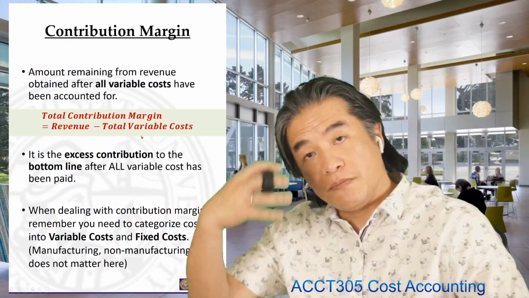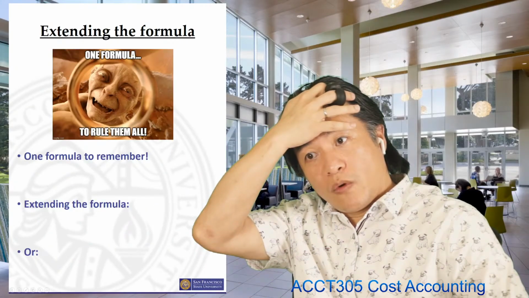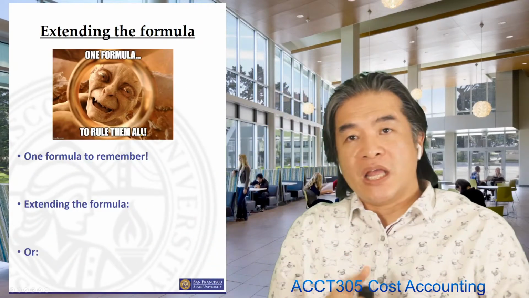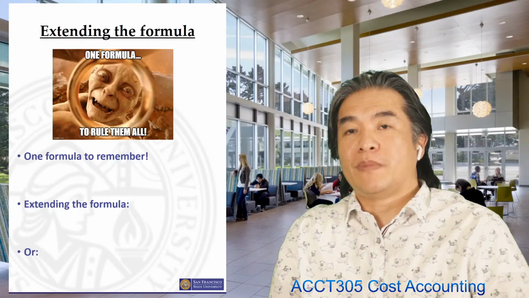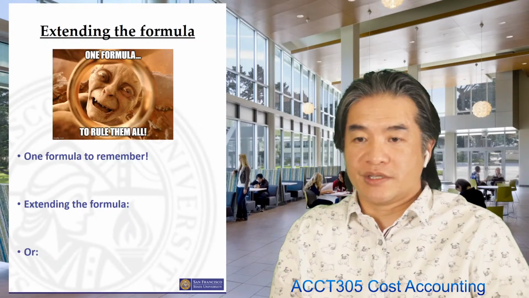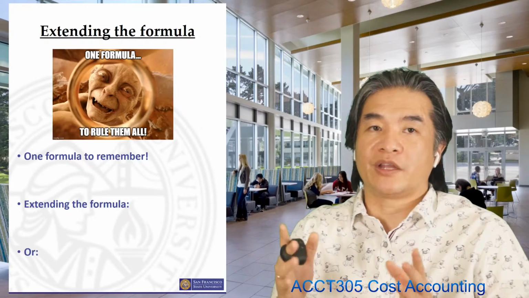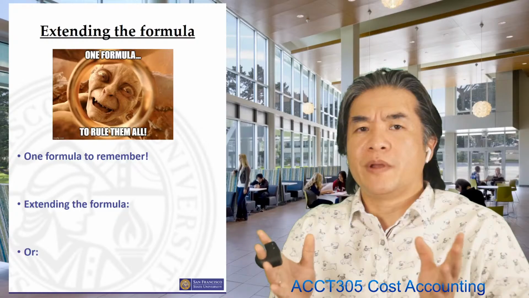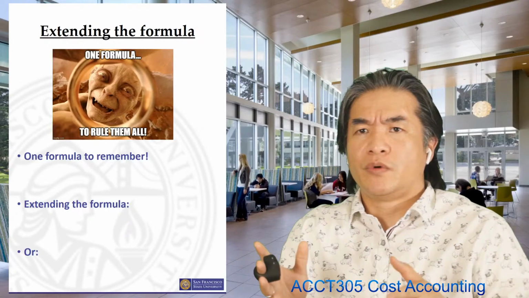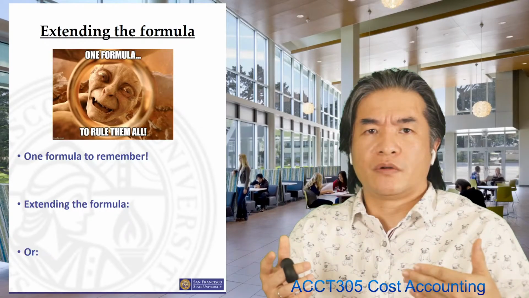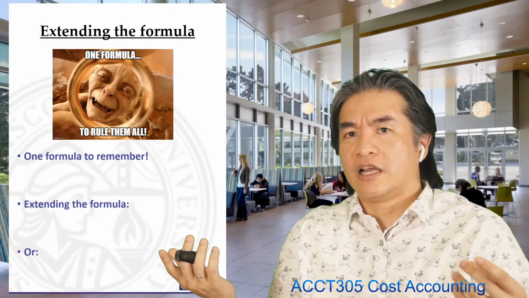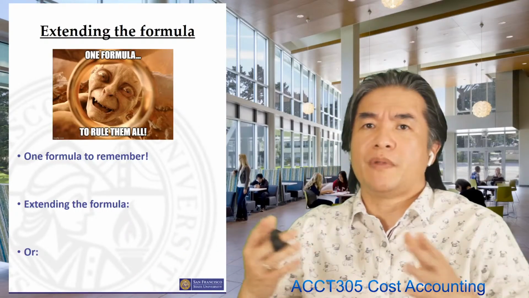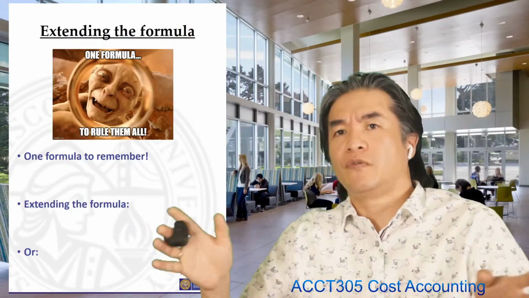And this formula is important. One of the common themes that plagues managerial accounting or cost accounting is that students think there are so many formulas to remember. You probably remember from your 101 class, where you're dealing with the contribution margin or the CVP analysis, you try to memorize all the different formulas.